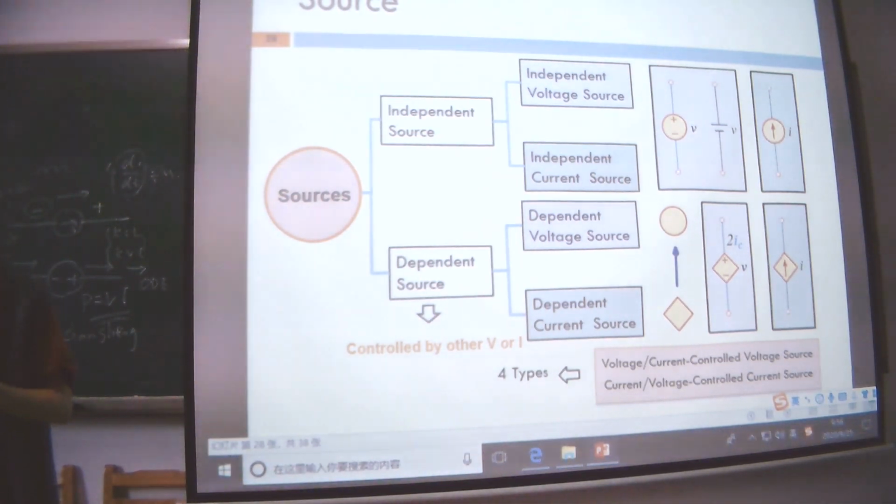So in most circuits we have an amplifier, so most circuits are circuits with dependent sources. Understand? Because the amplifier is a typical dependent source. That is why the dependent source is important for us to study.